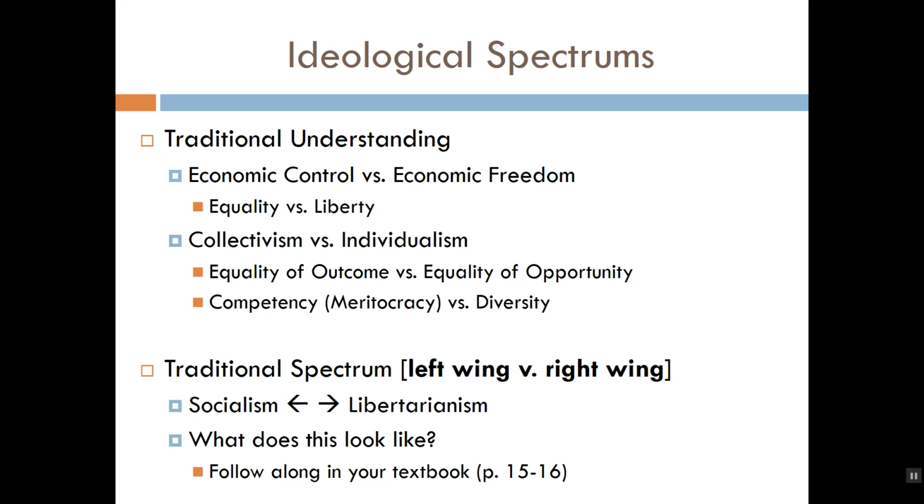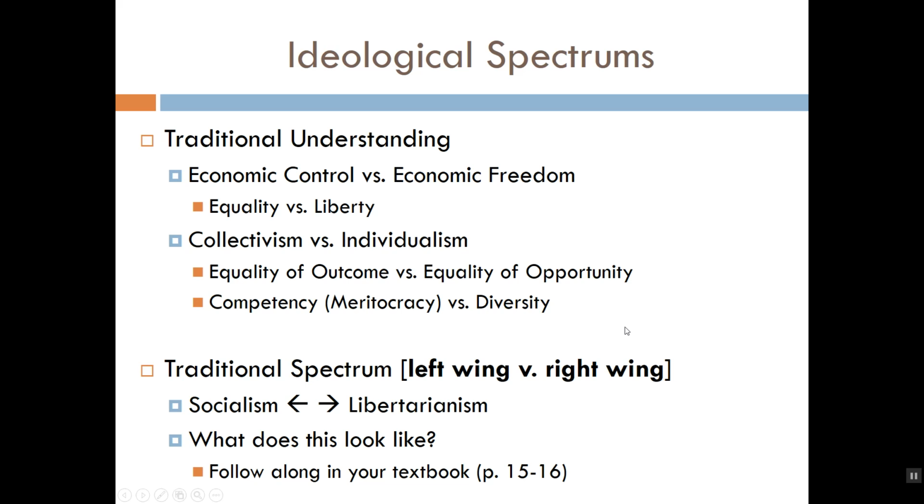At the same time, I want you to understand that while it is true to say that on this spectrum, left-wing ideologies support more economic control and right-wing ideologies support more individual freedom, that doesn't mean that left-wing ideologies are bad and right-wing ideologies are good, or vice versa. It just means that they have a disagreement about one particular issue, how much government control we should cede when it comes to our financial behaviors, interactions, and decisions.